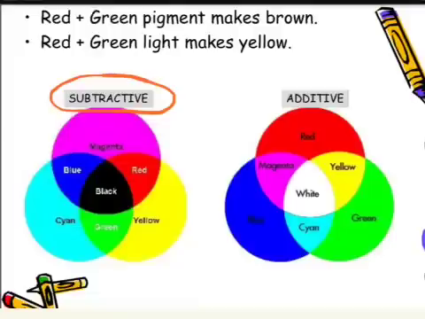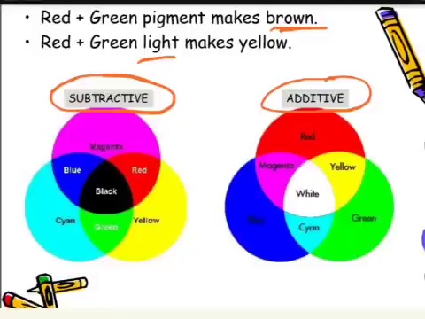But with lights, when you mix them together, they actually add together to produce more and more wavelengths instead of taking away wavelengths. So for instance, if you mix red and green pigment together, you usually get brown. And in art, I'm sure Mr. Broadway taught you how to get a nice brown with some red and green and maybe a little bit of yellow. But if you mix red and green light instead of pigment, you actually make yellow light.